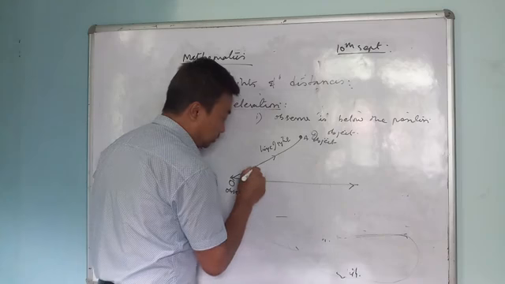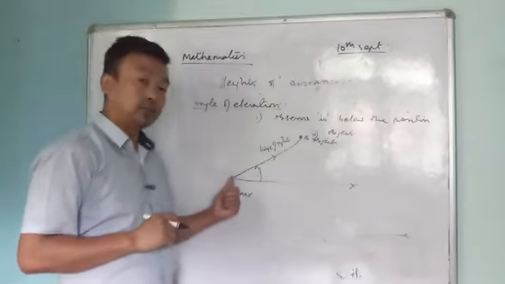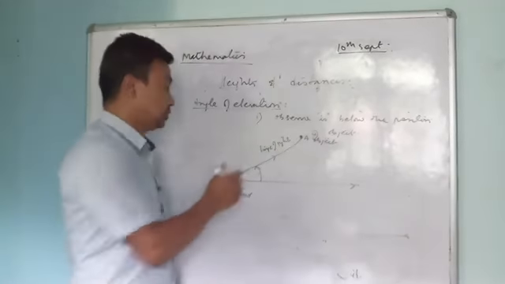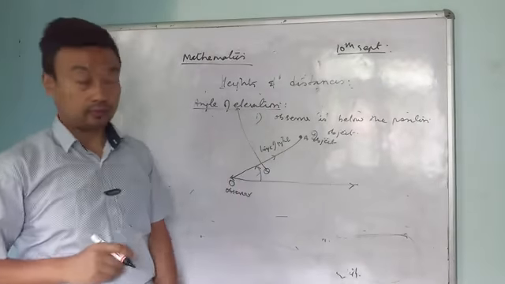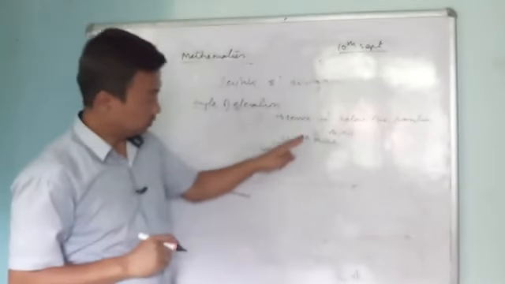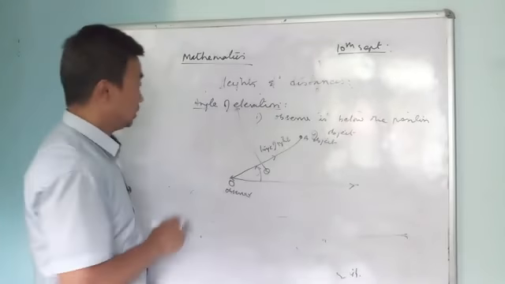The angle made by the observer looking at the object with the help of the horizontal line is called the angle of elevation. Elevation means you are rising. This is the horizontal line or x-axis.